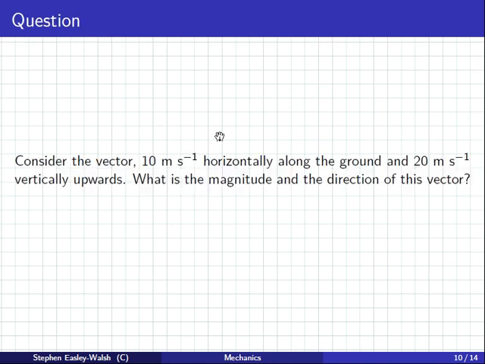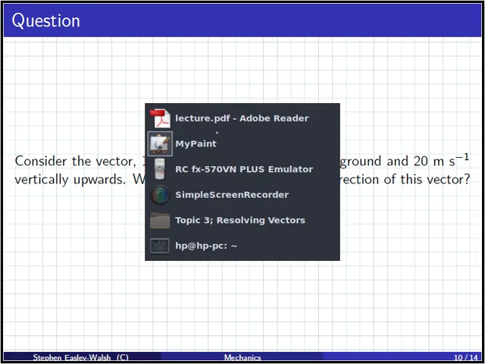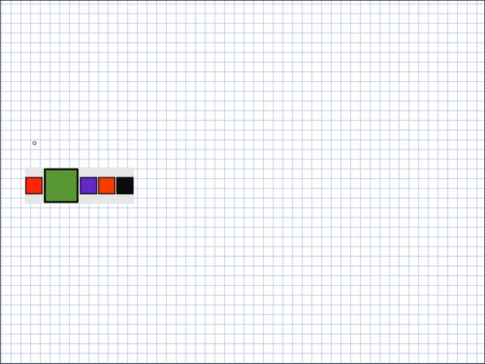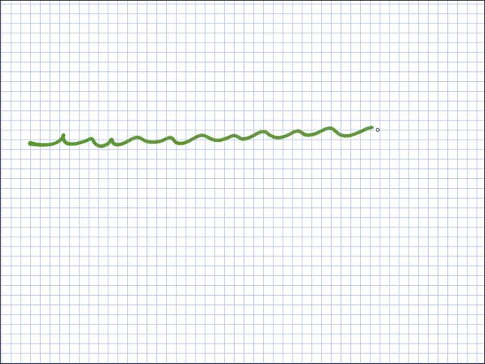Right, here's our first real example. We have a vector, 10 meters per second horizontally along the ground and 20 vertically. What is the magnitude and direction of this vector? So you have the ground here. That's grass.